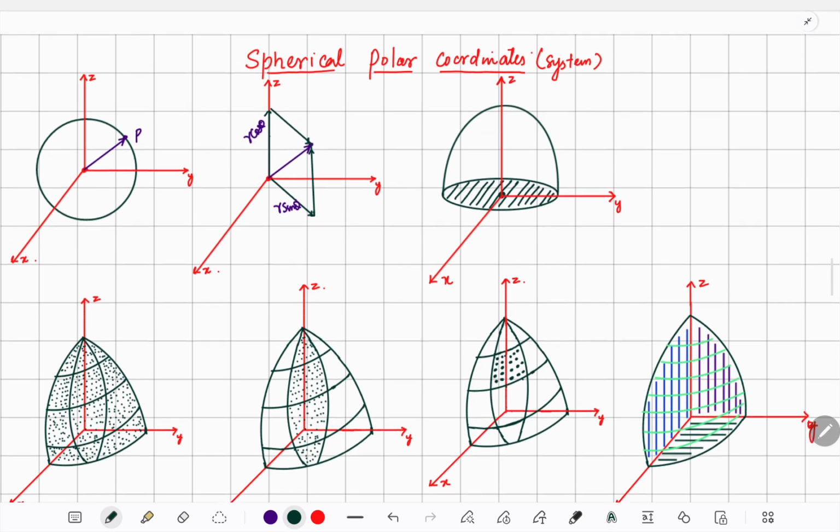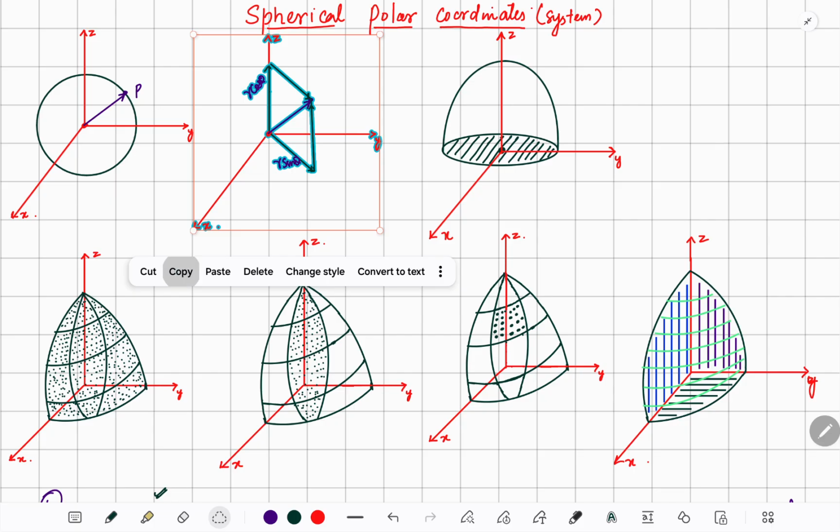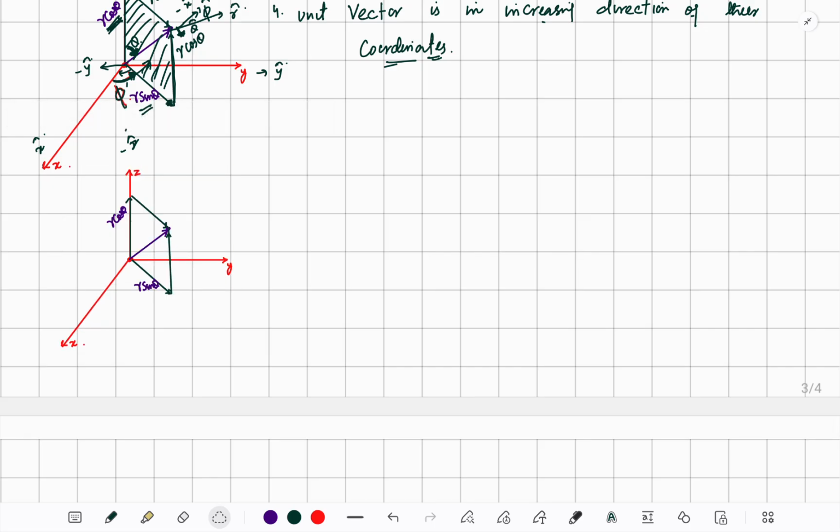So increasing order, we can write it easily from this direction. Basically, this is now r. If we increase the coordinate, it would be in this direction, so this is the r cap direction. I want to keep it clean, otherwise it will get confusing. Since this is theta, this is the theta cap direction, and this is phi, so it goes backwards.